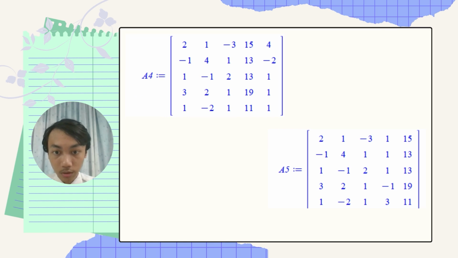Furthermore, we construct matrix A4 by substituting column V into the fourth column. Lastly, we construct matrix A5 by substituting column V into the fifth column.